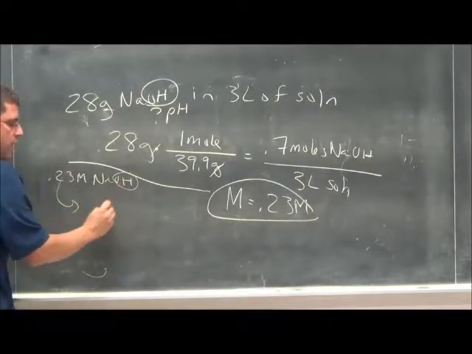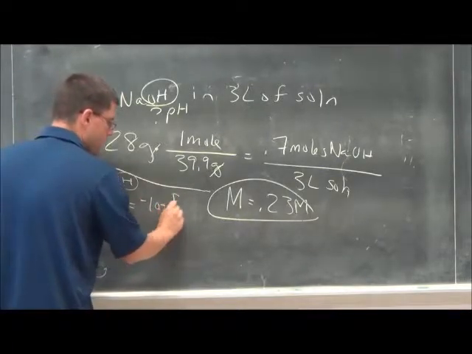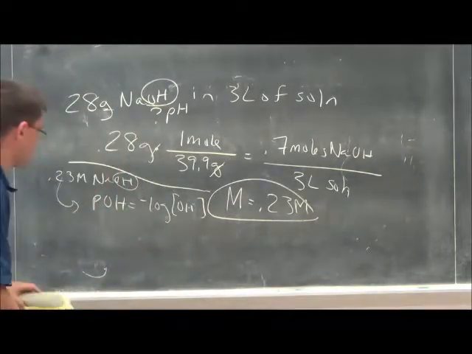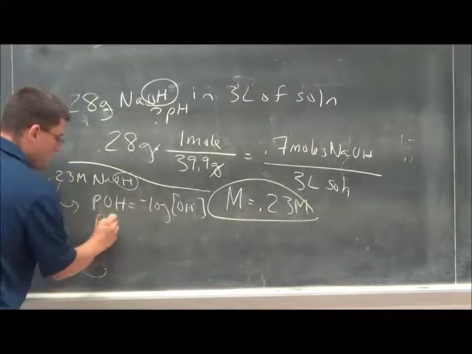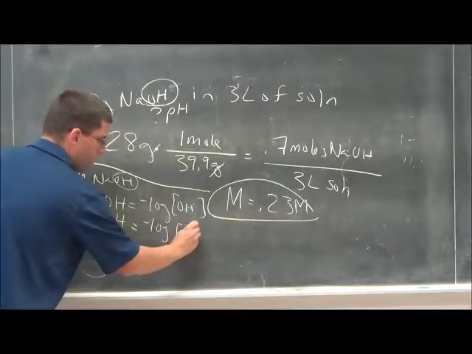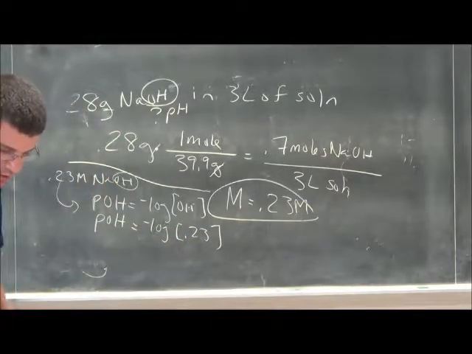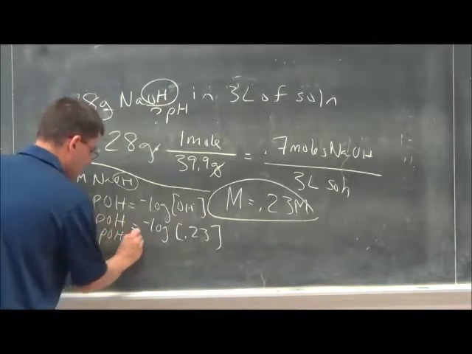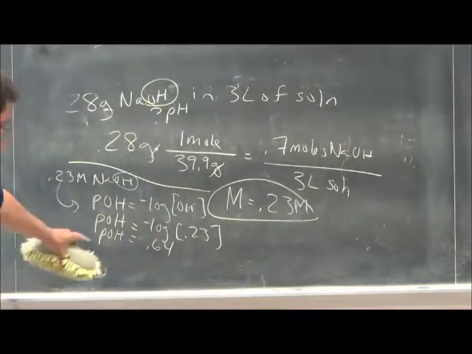Well, I've got OH, so I take pOH equals negative log of the concentration of hydroxide ions. pOH equals negative log of 0.23, which is 0.64. Okay, so now we're at 0.64.